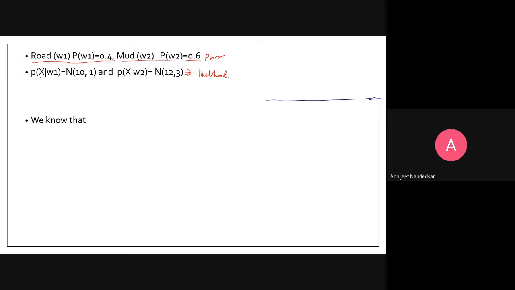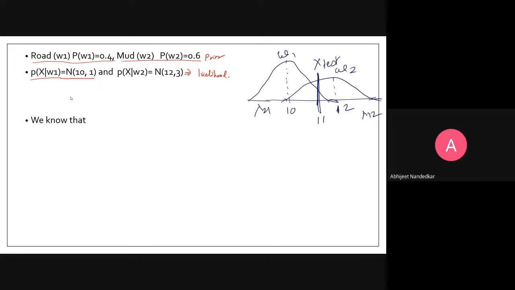What it means is the distribution of features of road and features of mud; they are distributed normally as given to us. If I plot that, this is the plot for omega 1, that is your road, and this is the plot for omega 2, that is the mud.